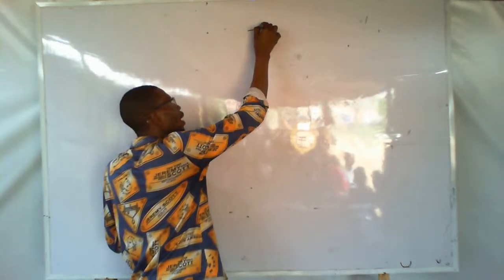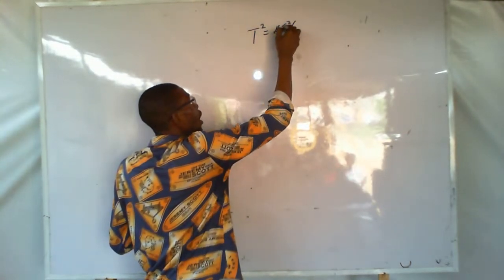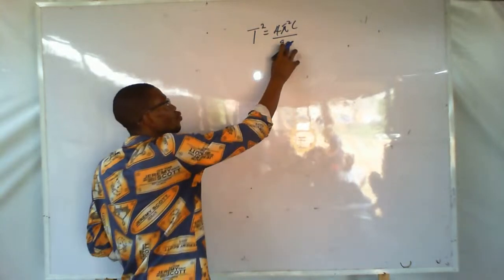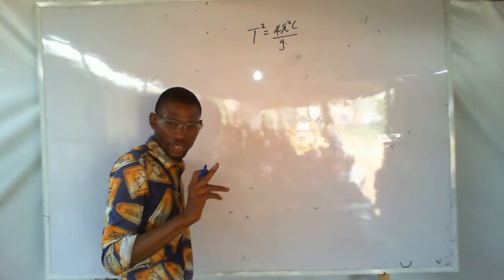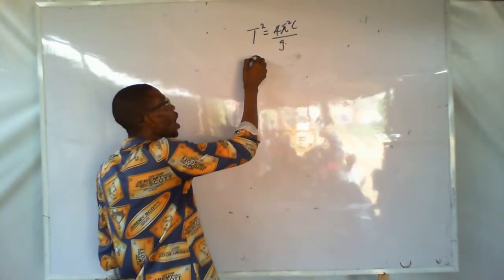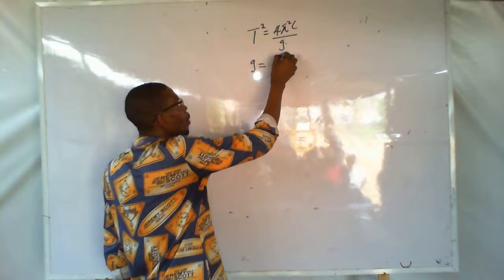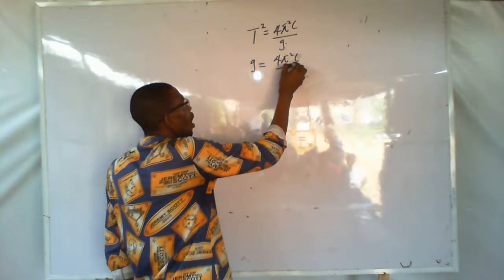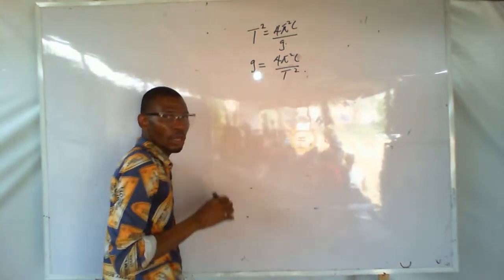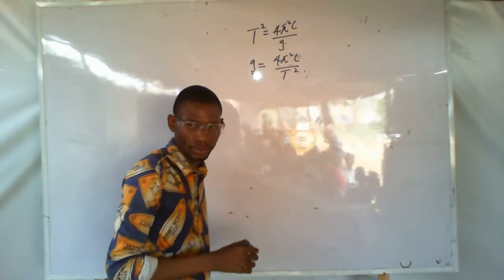I know that T squared is equal to 4 pi squared L over G. But G is equal to 4 pi squared L over T squared. Now, I have two cases, but gravity is common.